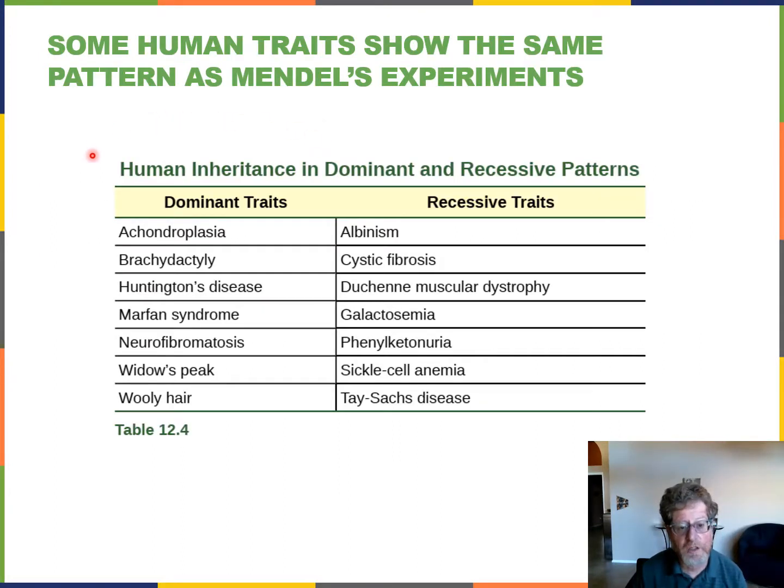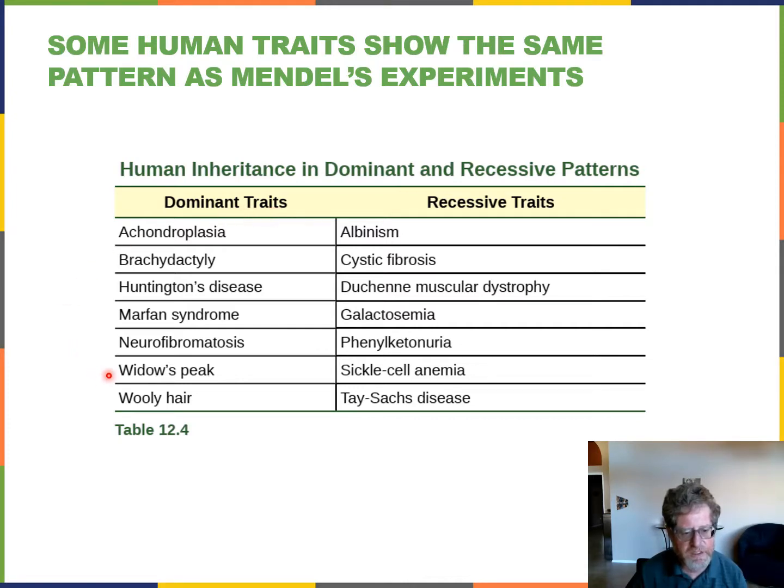So there are a lot of human traits that follow Mendelian inheritance patterns. So we'll talk about a couple of them. One of them is achondroplasia. It causes a specific type of dwarfism, and it's a dominant trait, so you only need 1 copy of the allele to have the disorder.